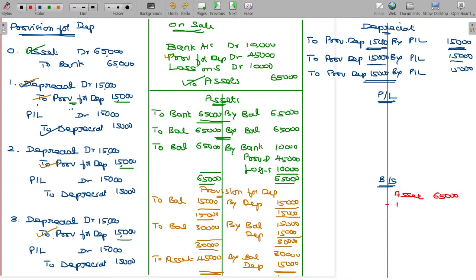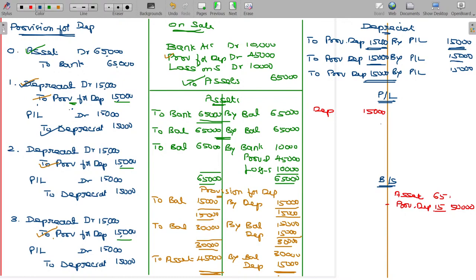Provision for depreciation. It is not depreciation, provision for depreciation. Subtract பண்ணீங்கன்னா then it becomes 50,000 rupees. 3 zeros கட் பண்ணிக்கிறேன். இந்த depreciation P&L accountல debit பண்ணிடுவீங்க. இதான் first year. This is what about the first year. Okay. அதாவது 65 asset முதல் ஆண்டில் 15 provision இருக்கு அப்படினா balance 50,000. இதுக்கான depreciation 15,000 போட்டாச்சு.